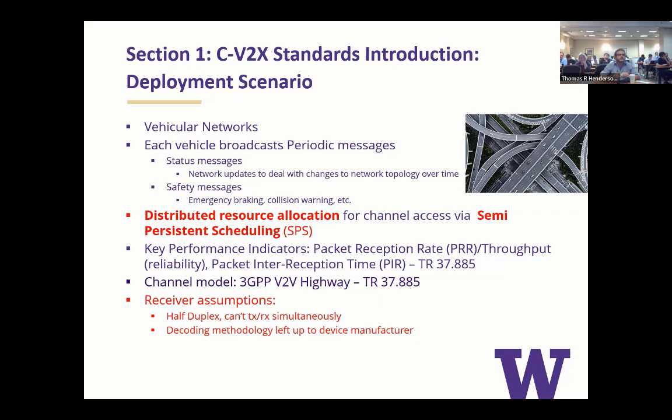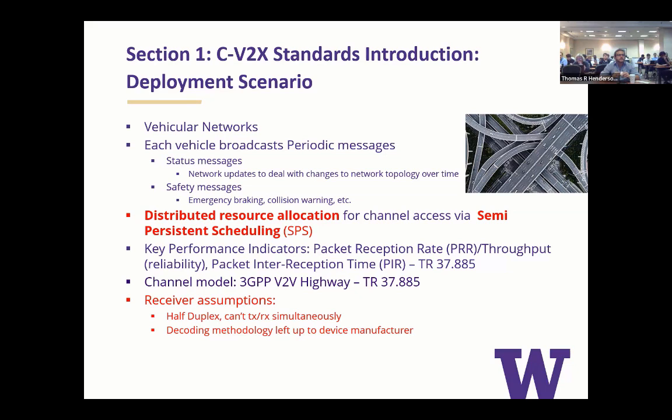Today, we're going to focus on PRR, so I'll leave its description to Liu. But packet interreception time is the time between successful decoding of non-identical packets and serves as a metric related to delay. The mention of non-identical packets will become important later because SPS contains a mechanism to transmit duplicate packets called blind retransmissions to improve decode probability.